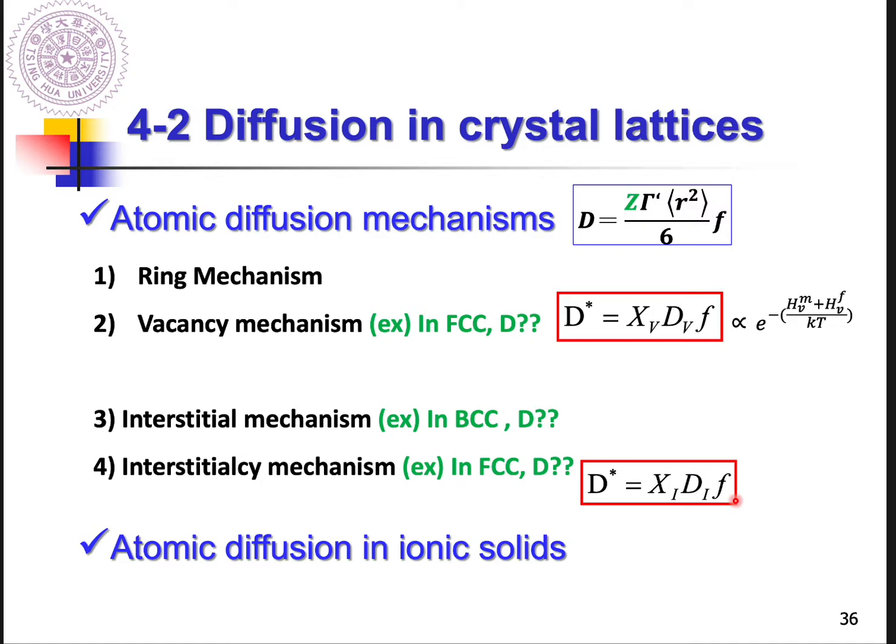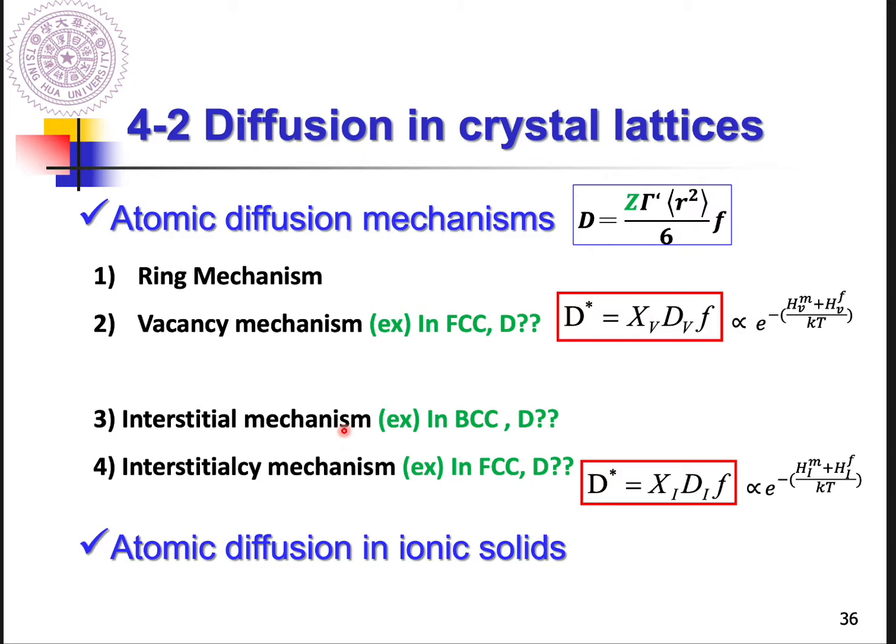Okay, so based on these results, the self-diffusivity of diffusing atoms through the self-interstitial mechanism is proportional to the exponential of the interstitial defect formation energy plus the migration energy of these interstitials. And the third one is the interstitial mechanism.